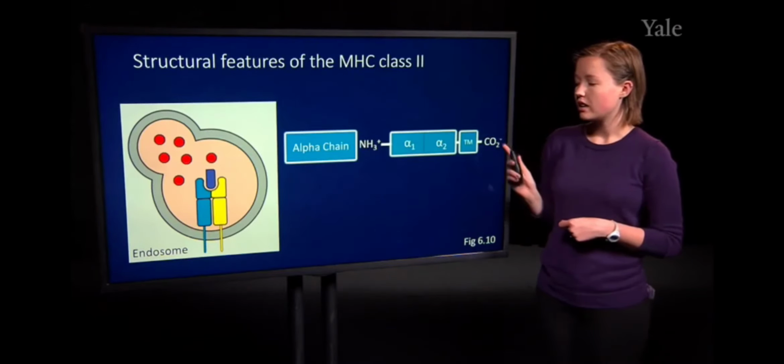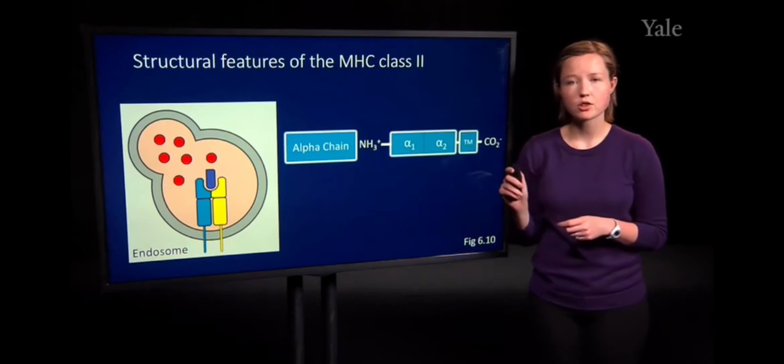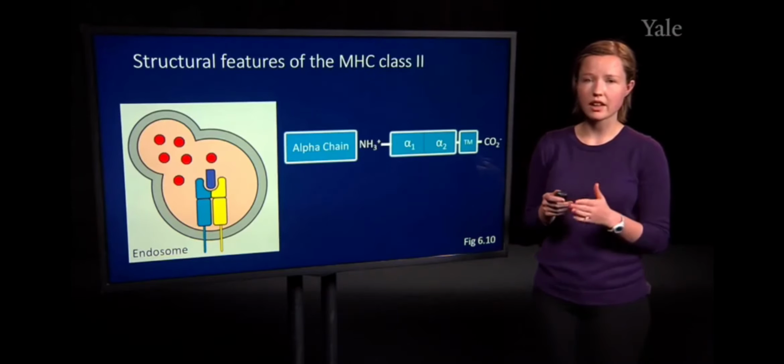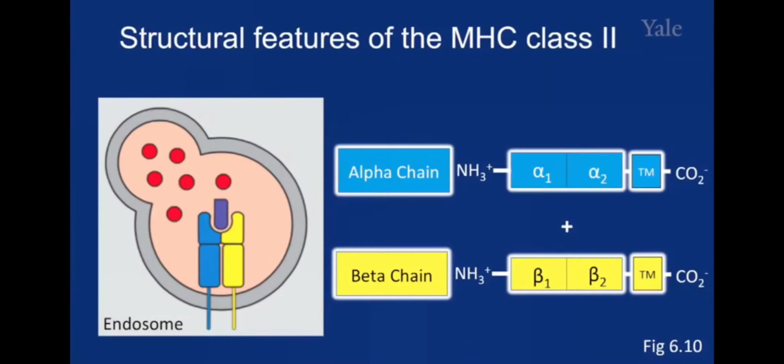So you see this in blue in the picture, and this is what keeps it tethered to the membrane. Here it's being shown in the endosome, which is actually a very important site for MHC class 2 antigen presentation and processing, and so that's why it's shown here as opposed to tethered to other membranes.